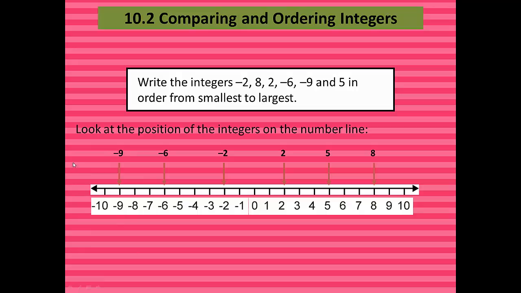The numbers over here at the end would have the least value. So we would start with -9, and it would be our smallest number, and then continue on the numbers we've put on our number line all the way until we get to +8. So the integers in order from smallest to largest would be -9, -6, -2, 2, 5, and 8.